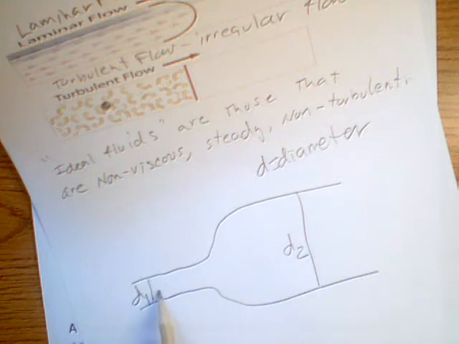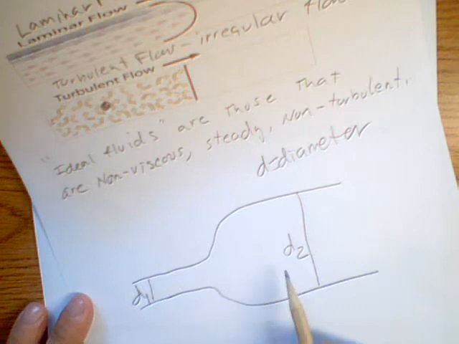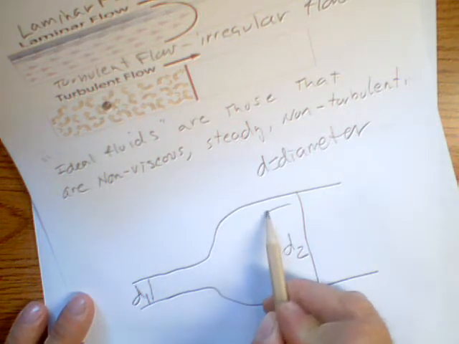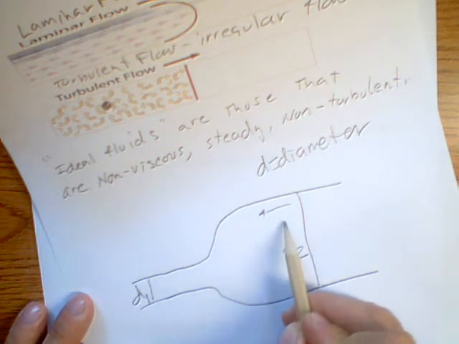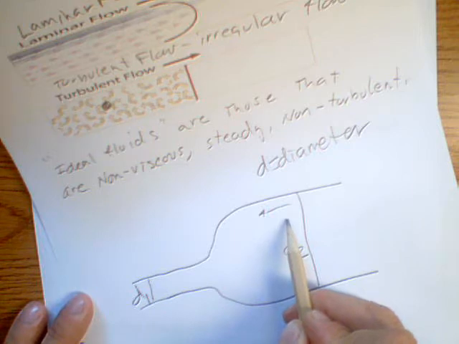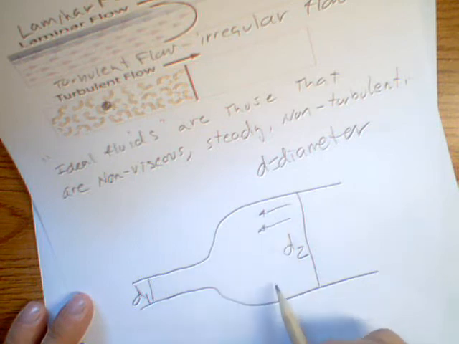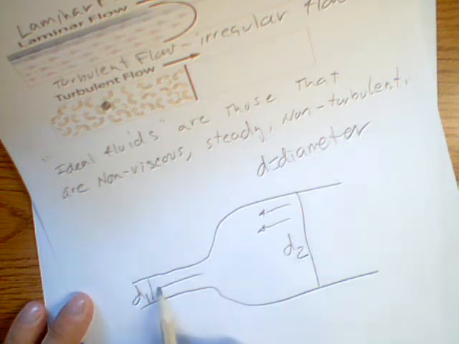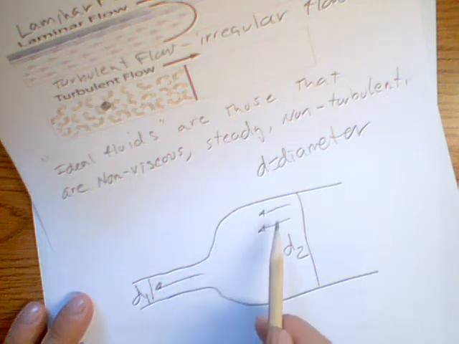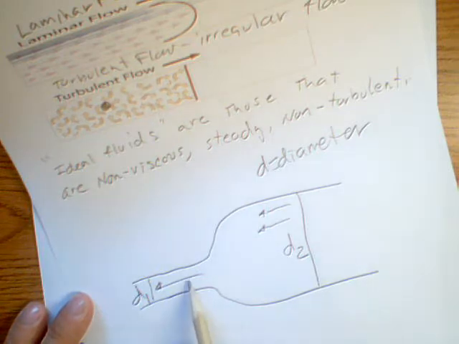Well, the velocity increases, the speed will increase, because the energy inside is always conserved. It always stays the same. So it'll slow where there's a greater amount of area, and it'll speed up. This vector is supposed to be longer than these vectors, illustrating that it's speeding up because it's much narrower.